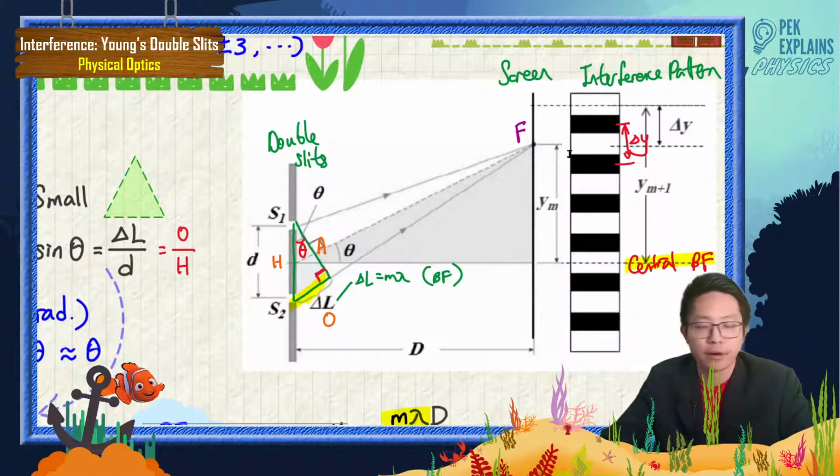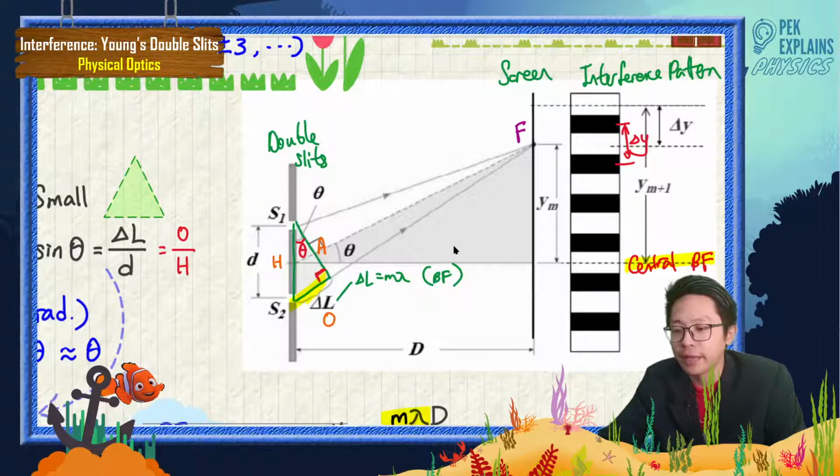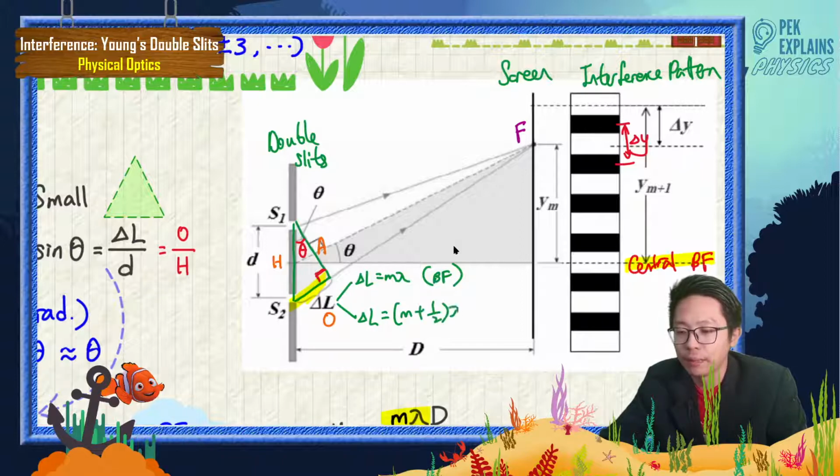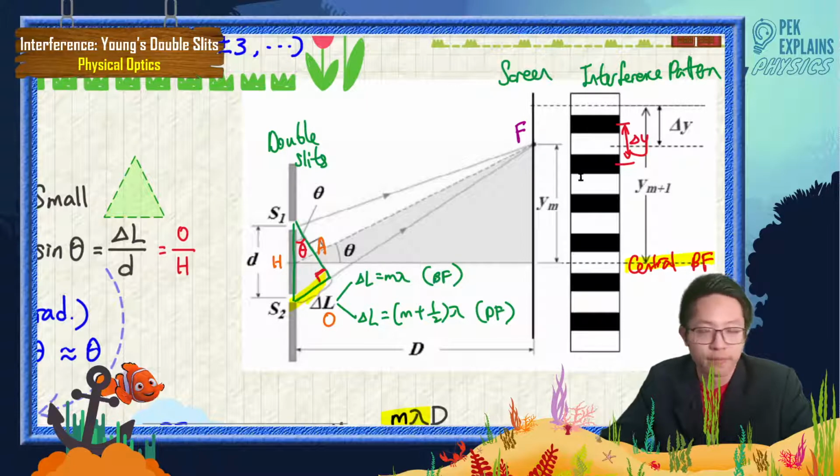Understand? But if this delta L is equal to m plus half lambda, then you will get dark fringe on the screen.